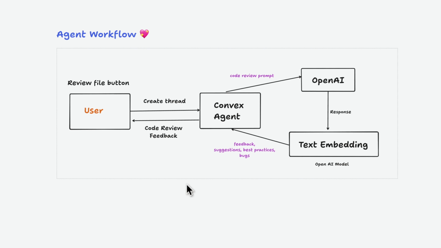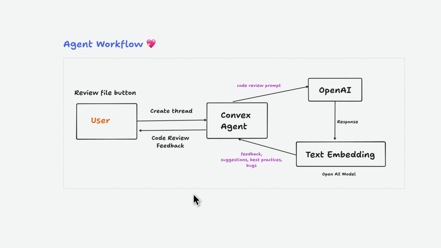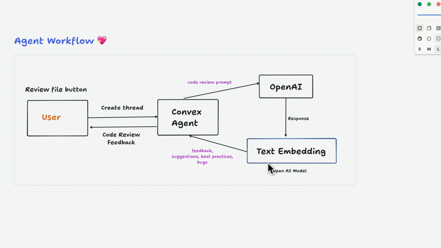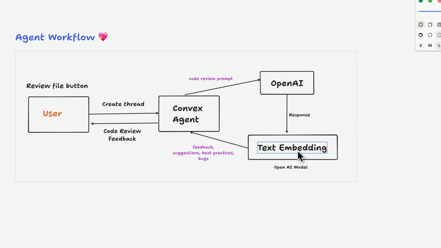An action means that whenever you want to make a call to a third-party API or third-party code, you would use an action. Then this specific Convex agent is going to send the code review prompt, saying, hey, here's some code, please review it, to the OpenAI model called text embedding. The OpenAI model is going to use its memory or semantic search, whatever we have asked it to do.